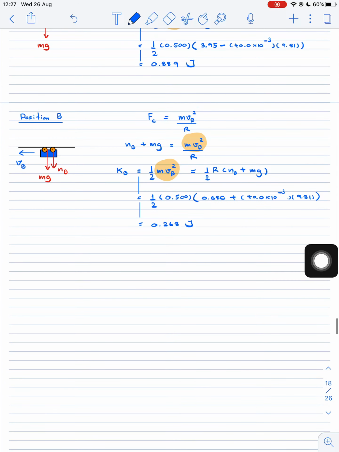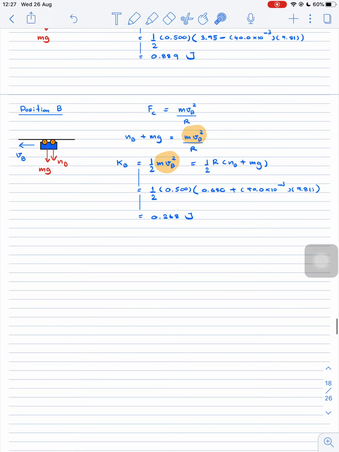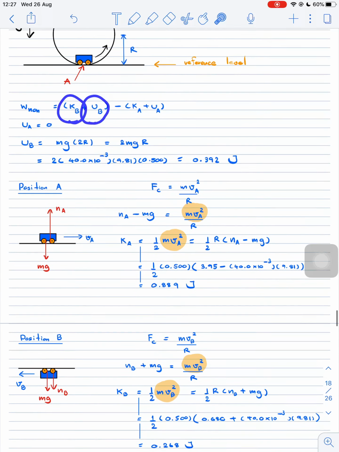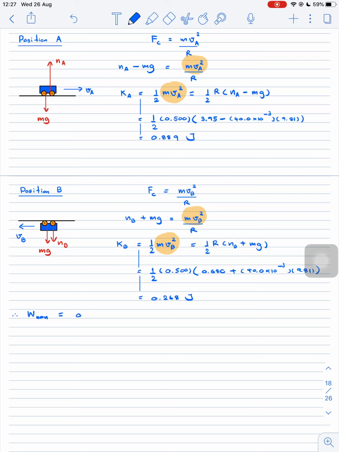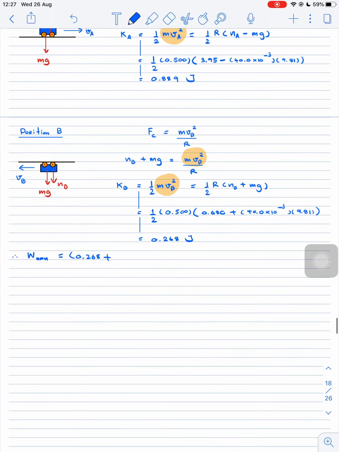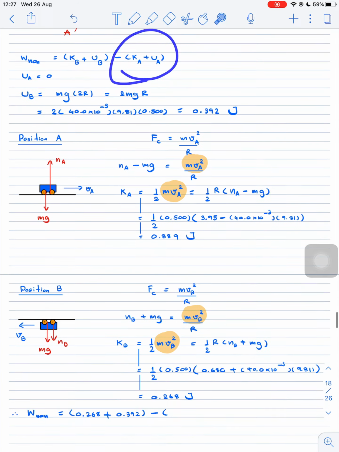Okay, and that's it. Now we can combine everything in this equation to find the work done by the resistive force. The work done by the non-conservative force equals KB plus UB. KB equals 0.268, plus UB equals 0.392, minus KA plus UA.